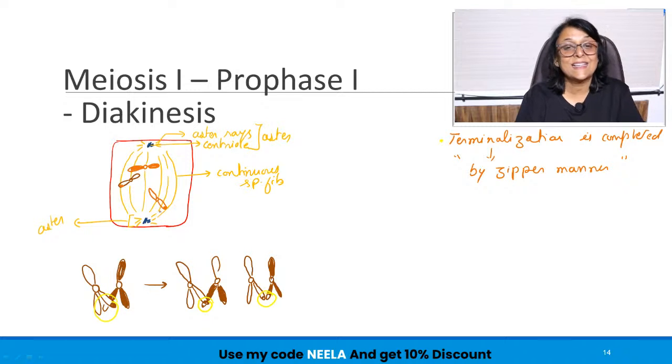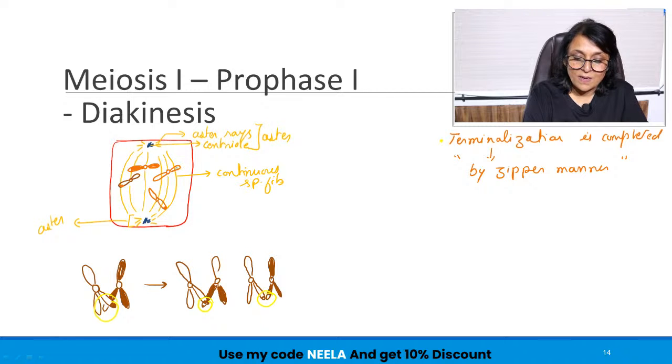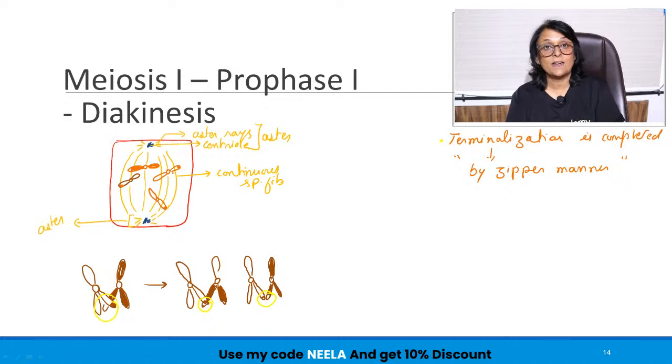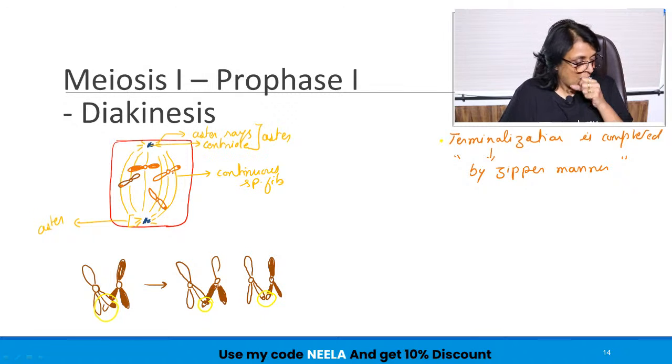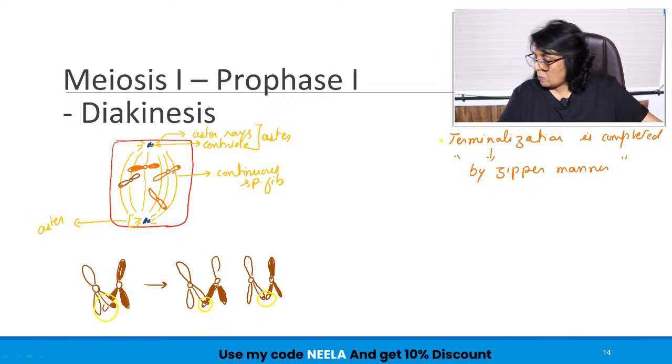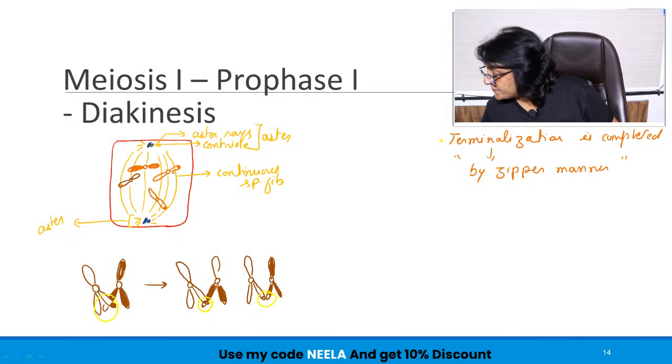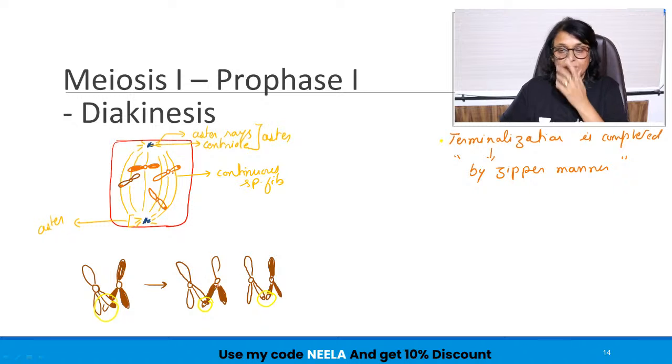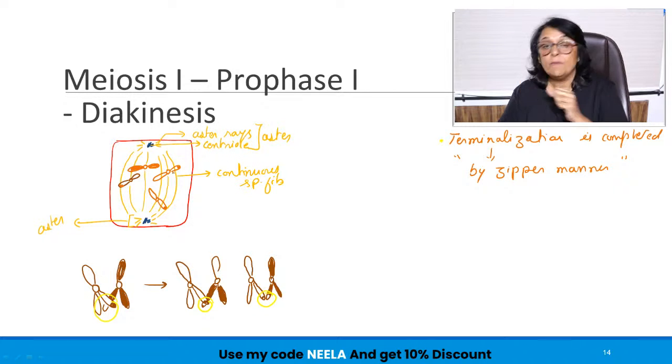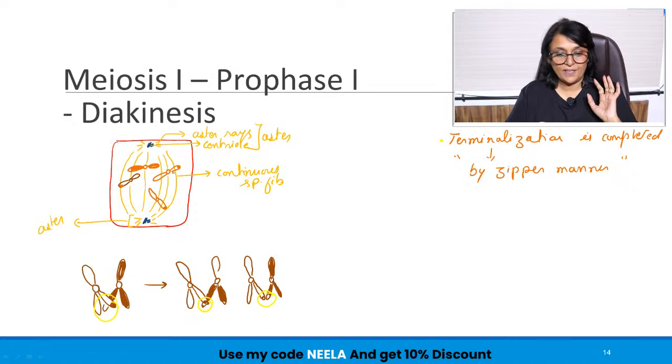It also has that exchanged part, and here is one more chromosome which is having this exchanged part. You still see 4 chromosomes, and these 4 chromosomes are with exchanged genetic material.